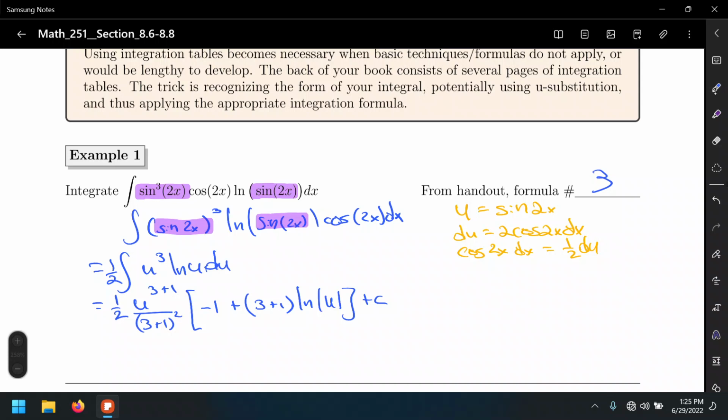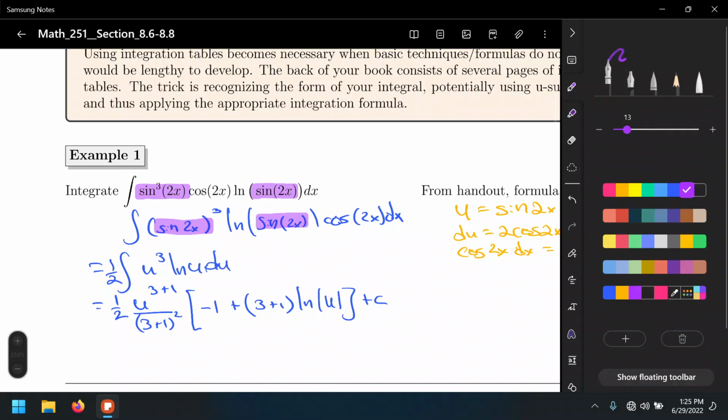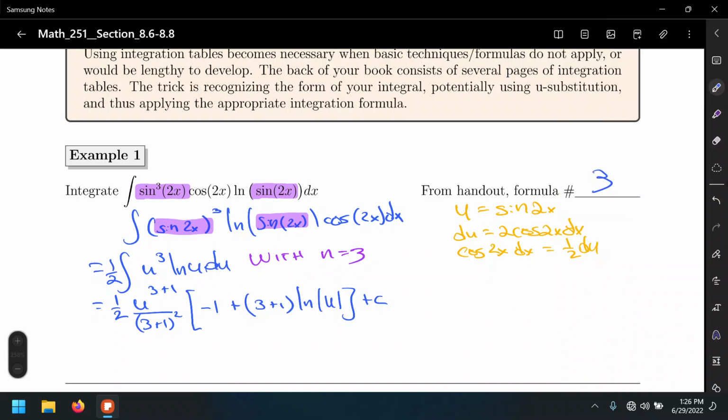In this case, it would be great if we wrote what n is. Okay, so now that we just used the formula, don't forget this factor of 1/2.